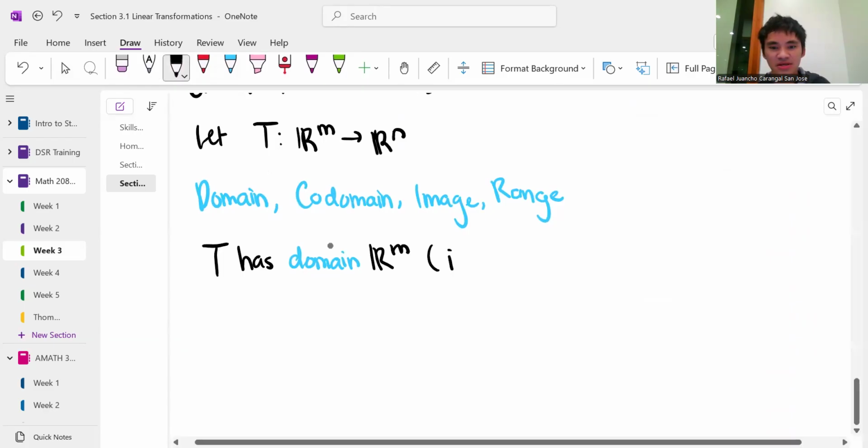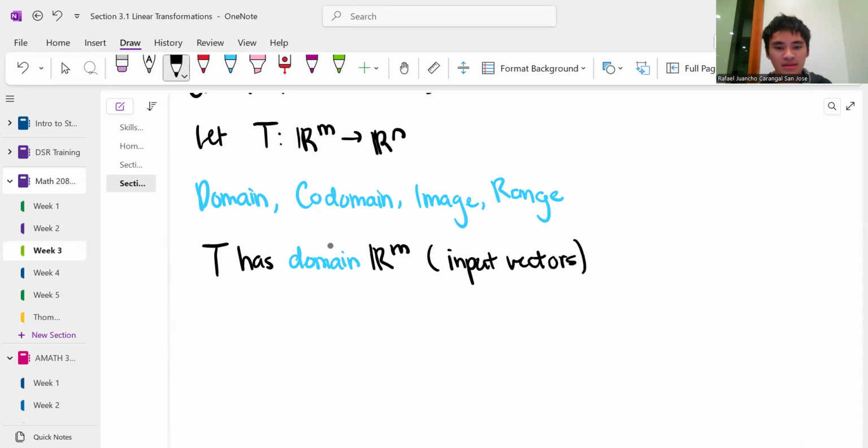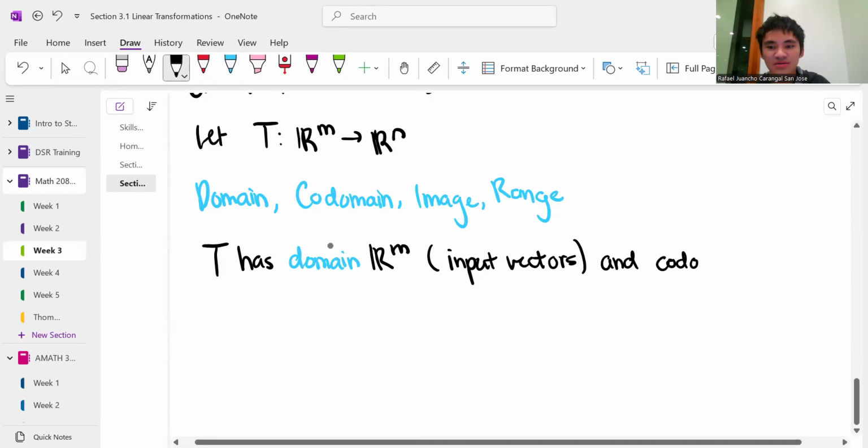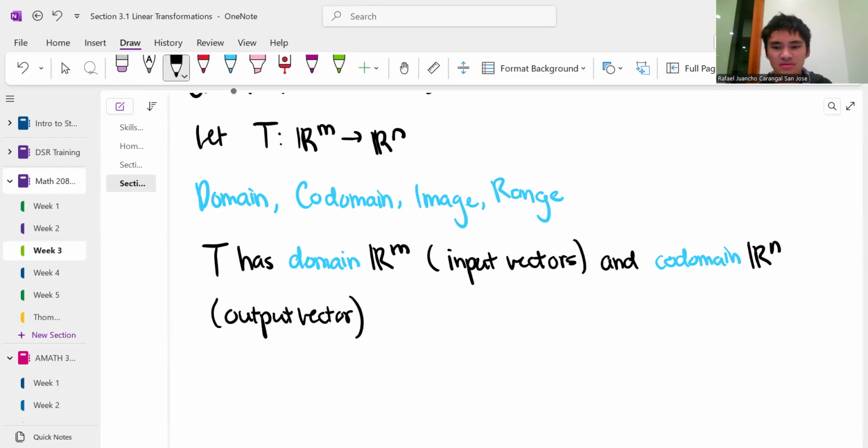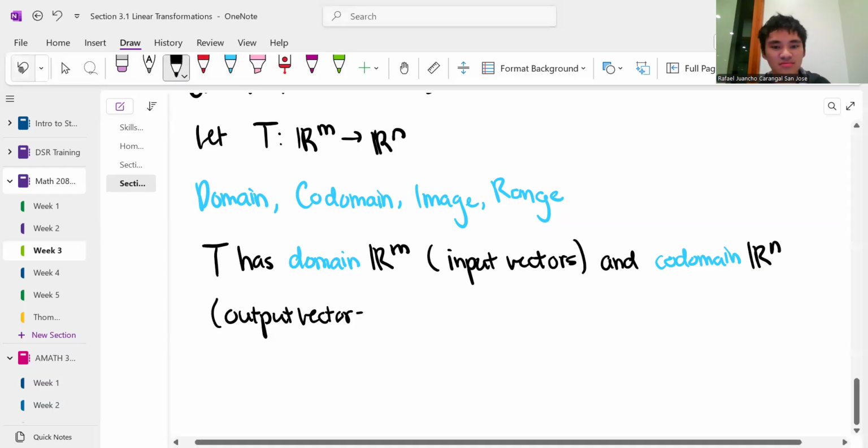Basically, we're calling it the input vectors. And of course, the codomain is just the output vectors, Rn, which I'll call the output vectors.